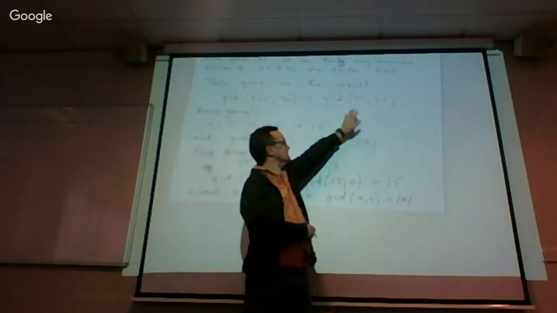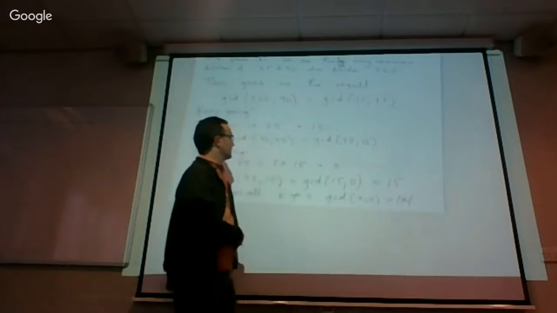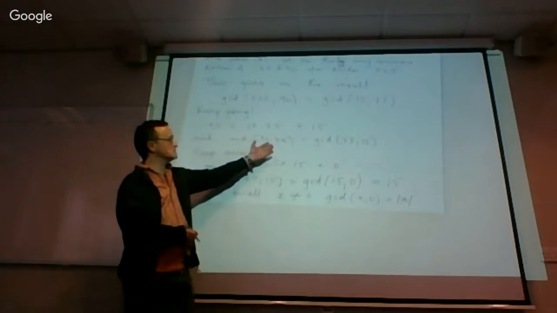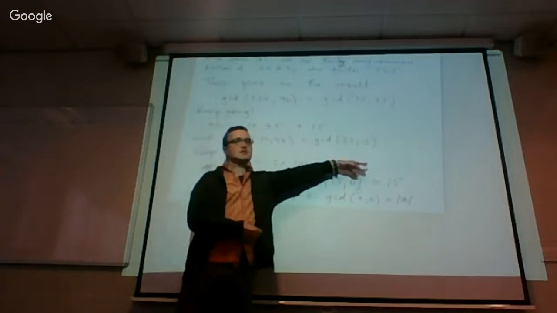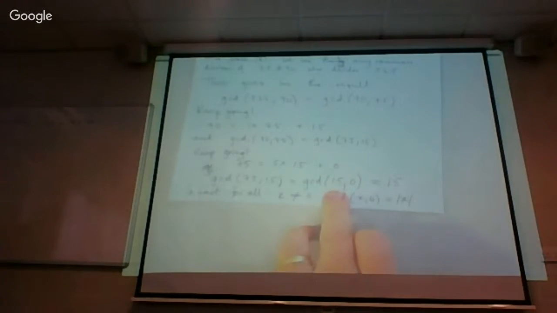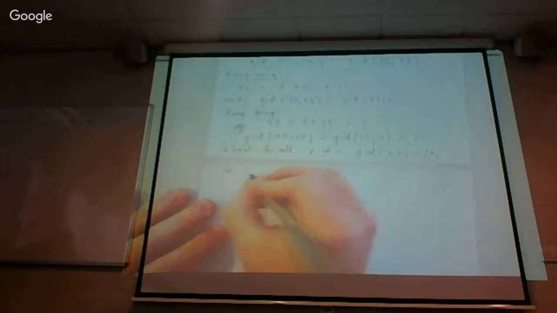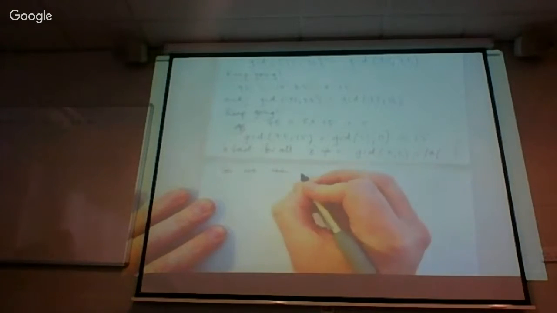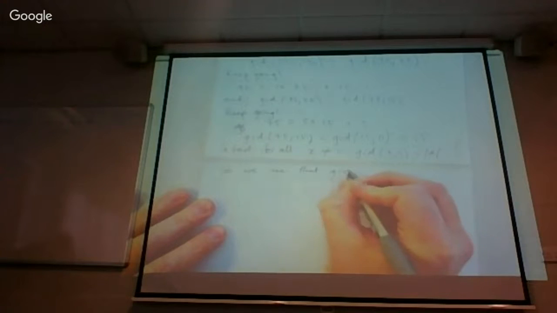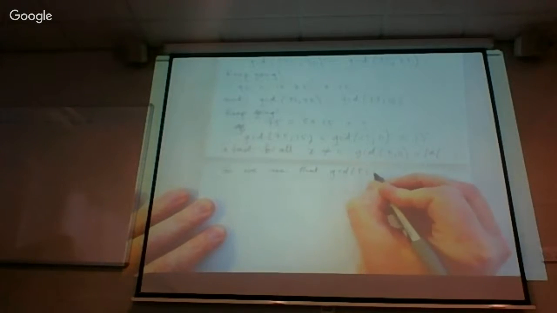The GCD of 525 and 90 is equal to the GCD of 90 and 75. The next equation gives you the GCD of 90 and 75 equals the GCD of 75 and 15. So you're stepping down all the time. Eventually you reach the GCD of 15 and 0, which is automatically equal to 15. And that's the solution to the original greatest common divisor problem.